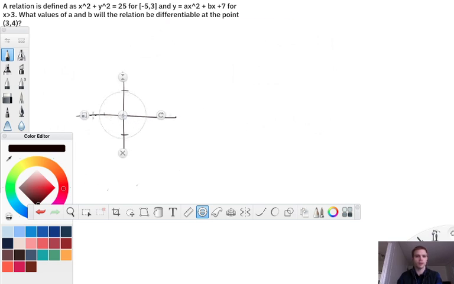Okay, so that is our perfect circle. Let's just take this away. Okay, so this is 5, -5. And then here's 3. So then we need to get rid of this here.